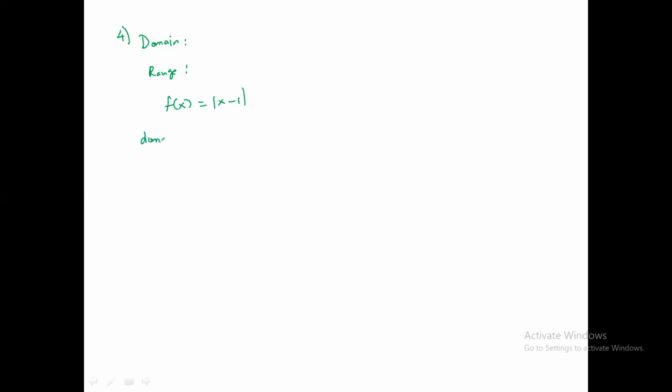That means the domain: x can be any real number. But because mod is there, the range can never be negative. It can be 0 or any positive number, but not negative. That is the range.